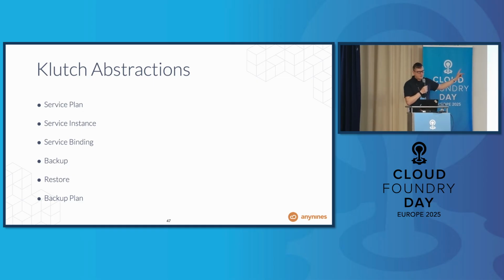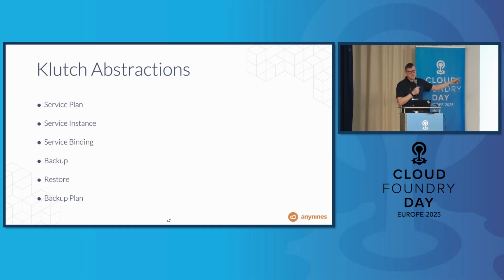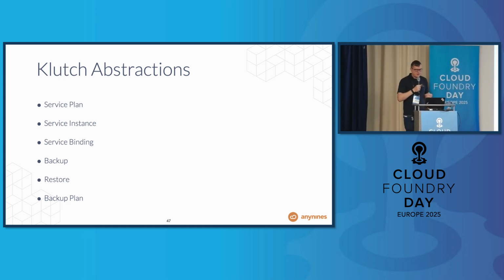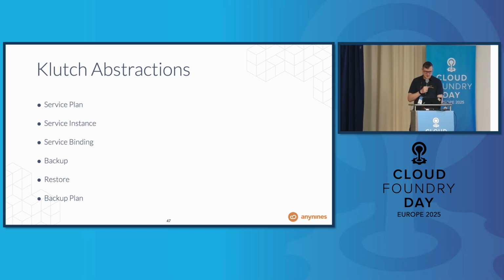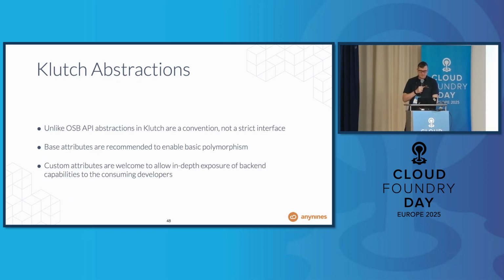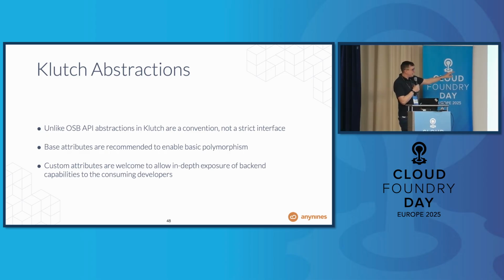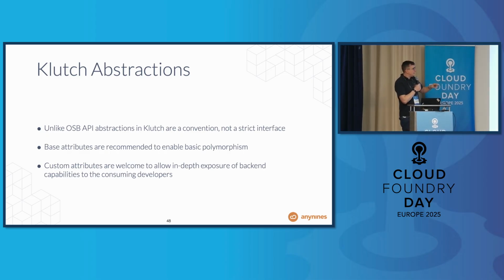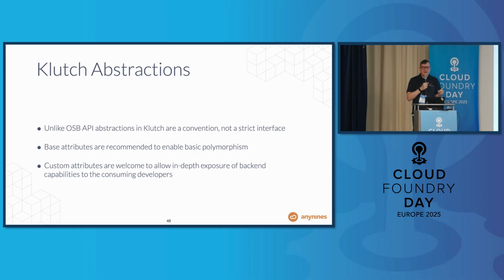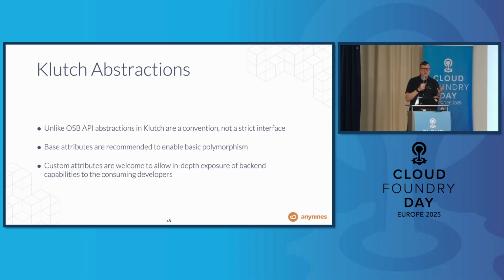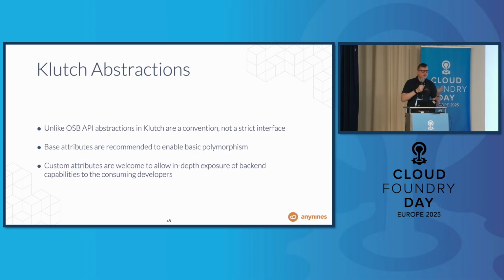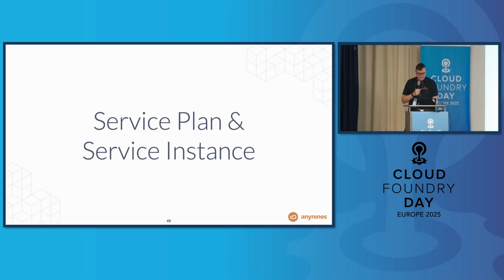And once you told Klutch how to make a backup and restore, in an upcoming version the schedule will be for free, so you get backup plans for free, so to say. So we are loosely using these abstractions, but we also allow for more in-depth attributes. Let's say Amazon RDS has different abilities than, for example, a Postgres operator. And that's okay.